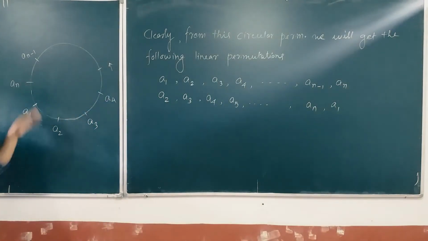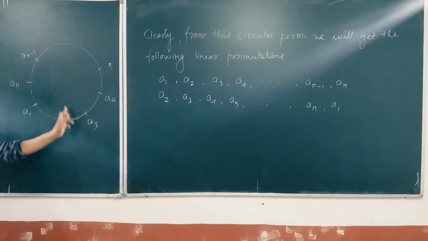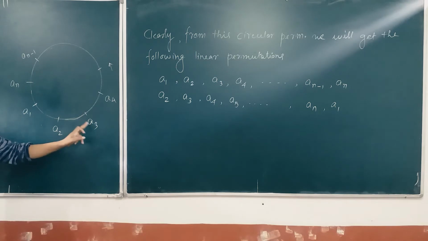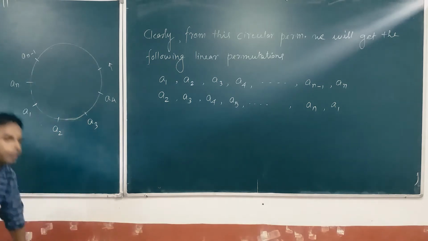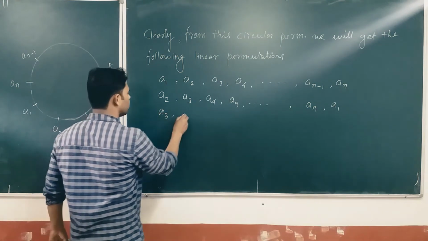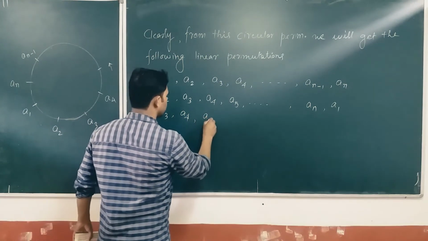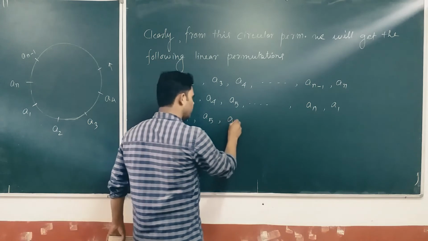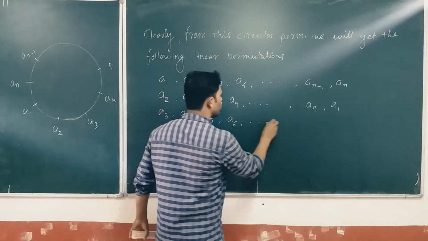If you break down this total circle here, the linear permutation will begin from A3 now. So it will be A3, A4, obviously A5, A6 and so on.